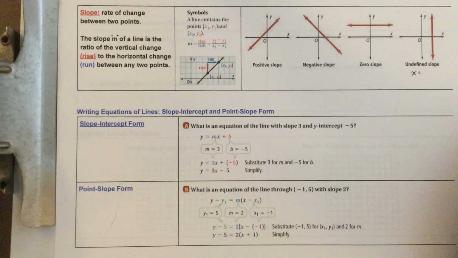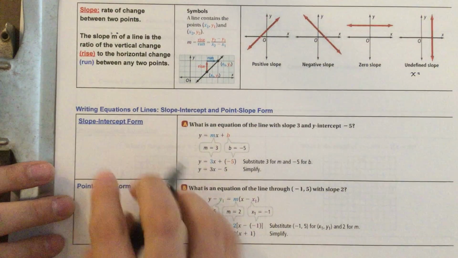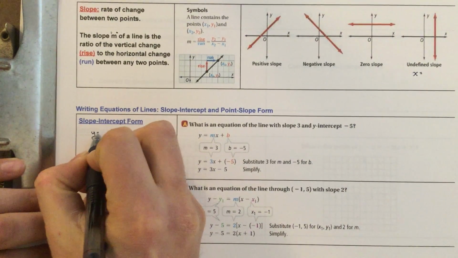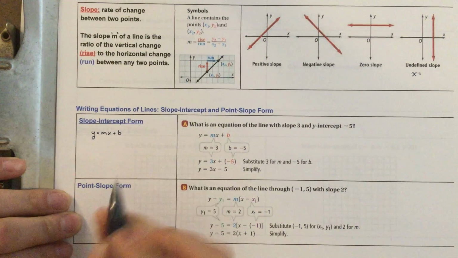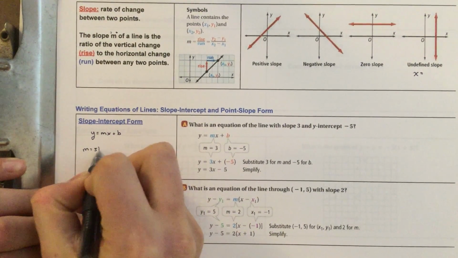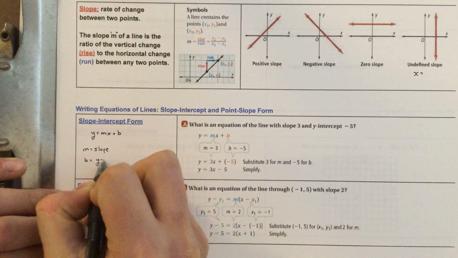All right, let's take a look at the first ones. How do we write equations of lines in slope-intercept form and point-slope form? So the first one, slope-intercept form, is in the form y equals mx plus b. Why do they call it slope-intercept form? Because you're given the slope, and b represents the y-intercept.